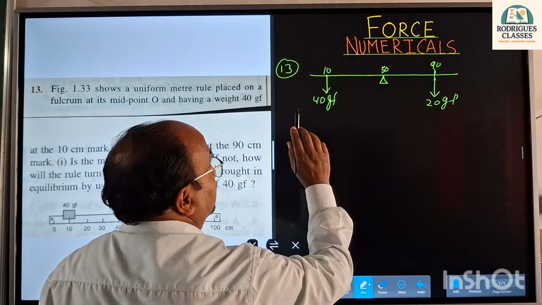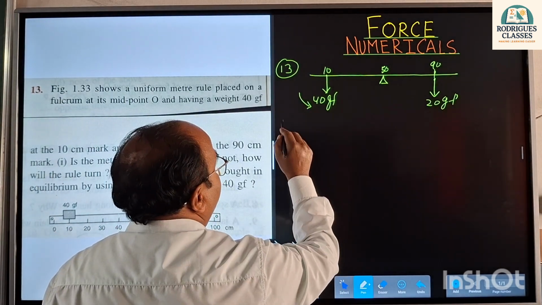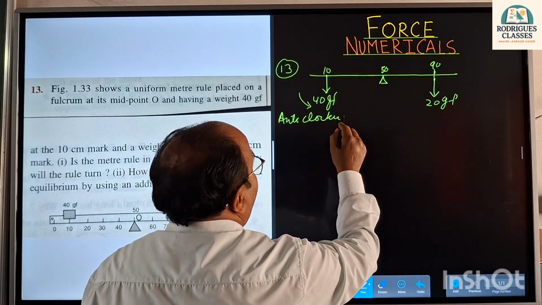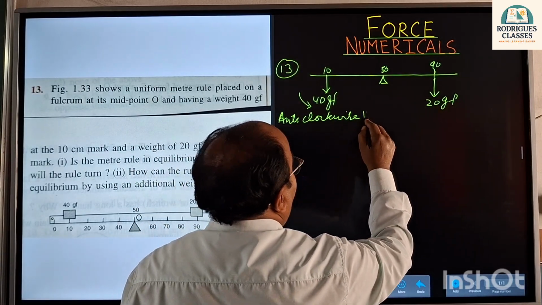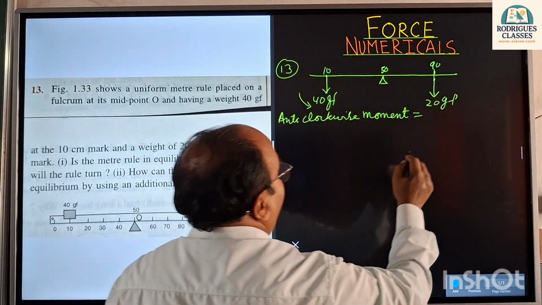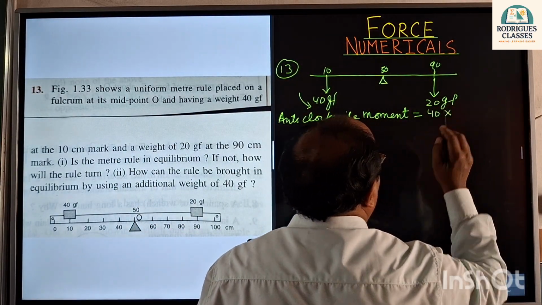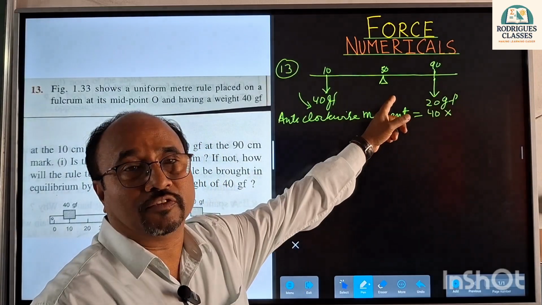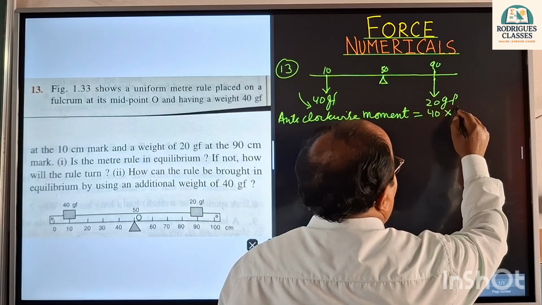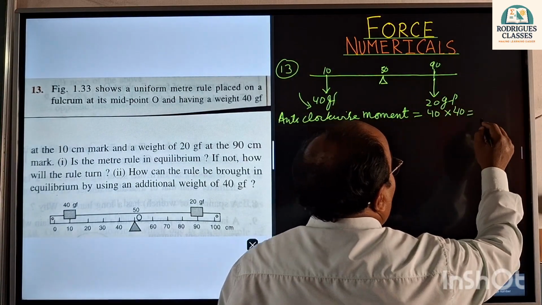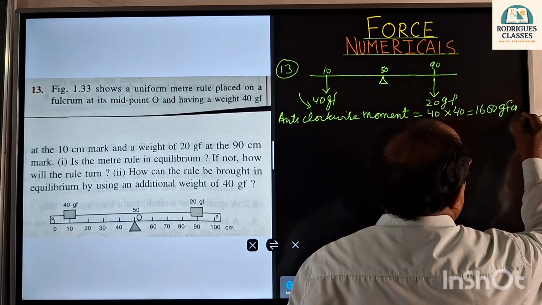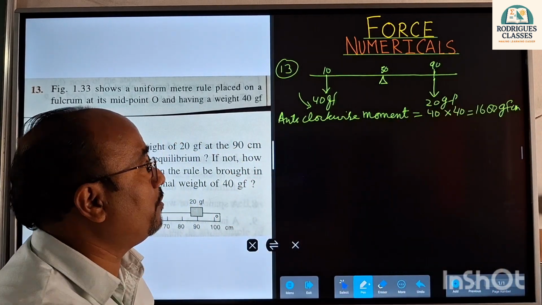So let us find both the moments and see whether it is balanced or not. I go to find the anti-clockwise moment, this one first. So the weight acting is 40 into the distance. See, this is 10, this is 50. So from 10 to 50, you have 40. So this is 40 centimeter. So 1600 GF centimeter is the anti-clockwise moment.